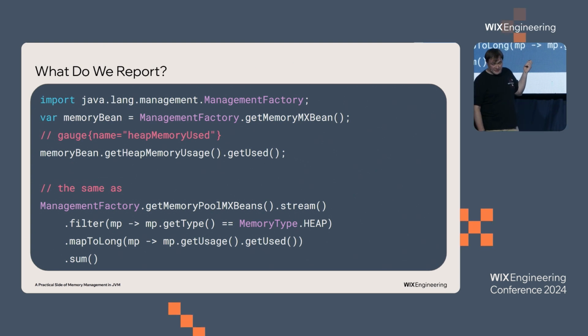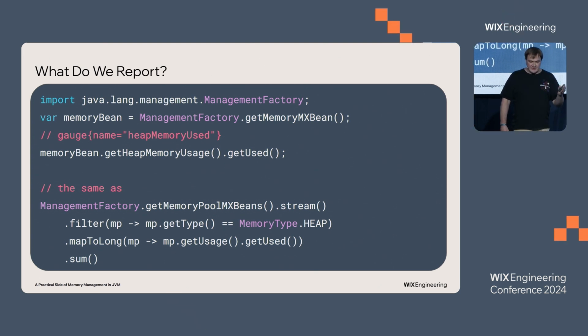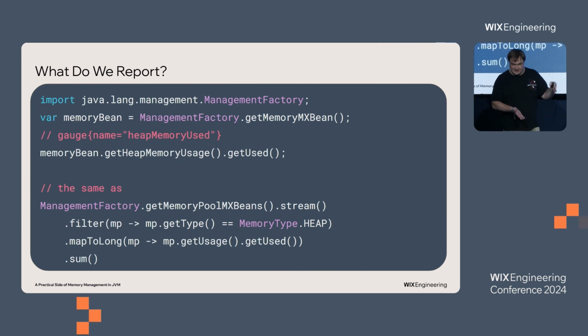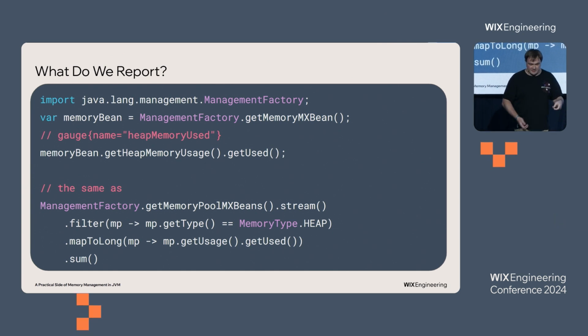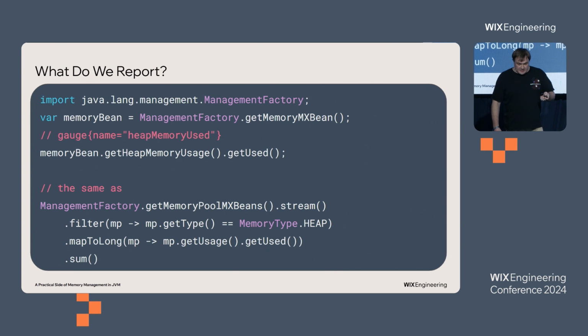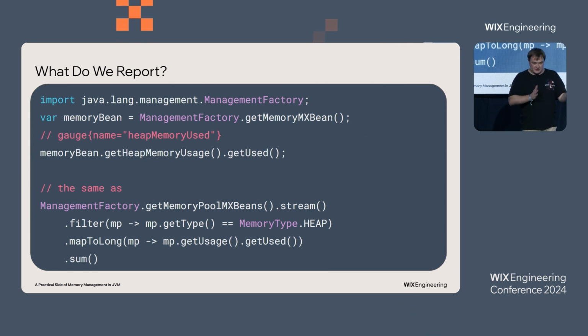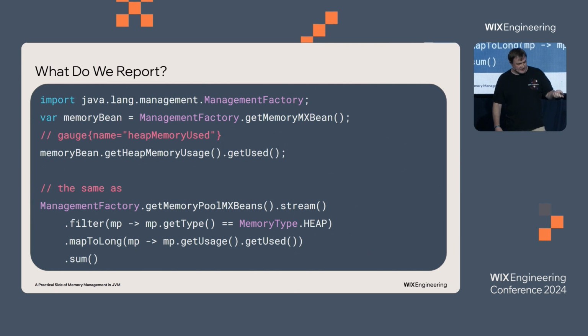We report more metrics, but basically we report the metric heap memory used, which is the sum of all these memory pools related to heap memory, which is obviously not always good because we don't have further introspection into all the memory areas of the garbage collector.